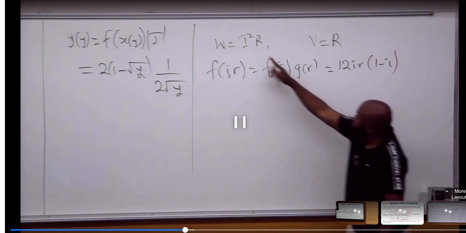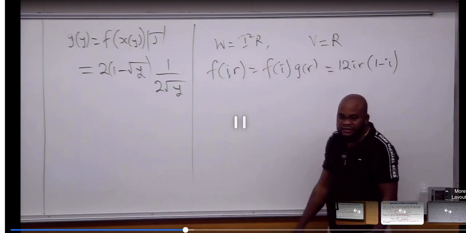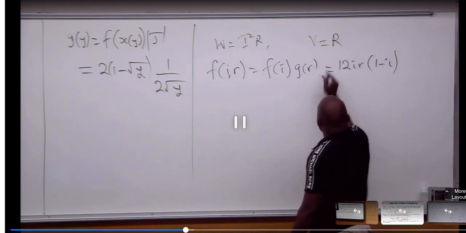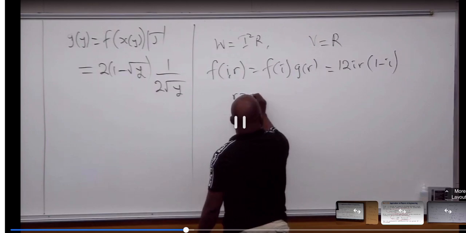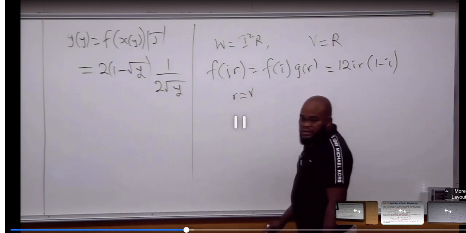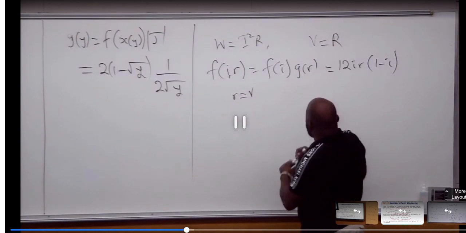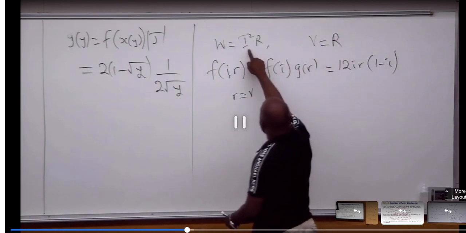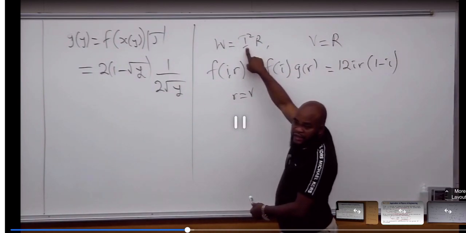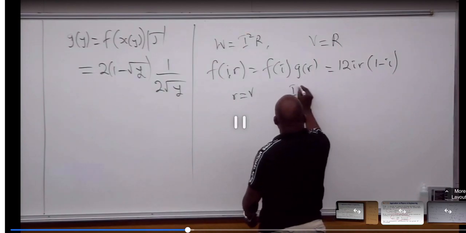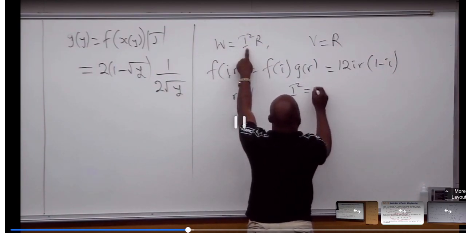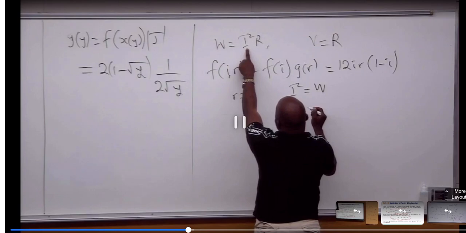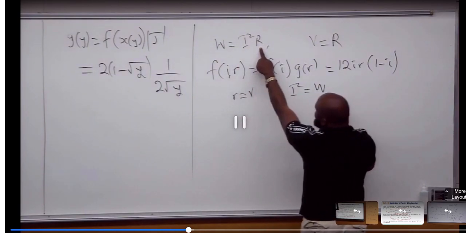Then I will come here to find the inverses. Here, R equals V. Now you're actually going to see R equals V. Then here, I need to solve for I. Okay, I squared equals W over R. But what is my R?